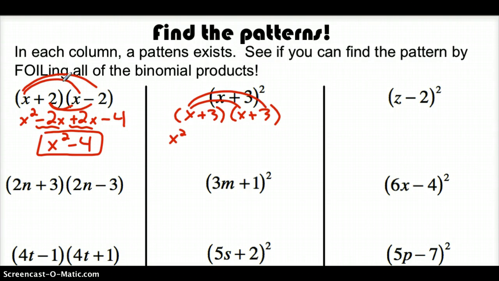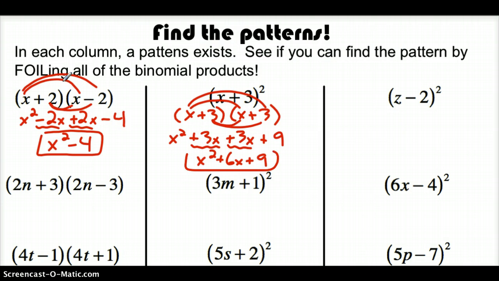I'll take x times 3 is going to give me a positive 3x. 3 times x will give me another positive 3x. And then 3 times 3 is going to give me a positive 9. When I combine the like terms here, 3x plus 3x, it's going to be 6x. So I get x squared plus 6x plus 9.